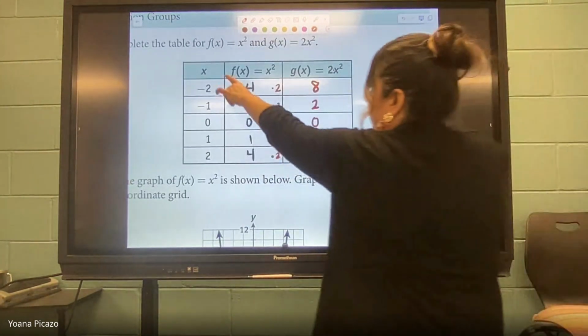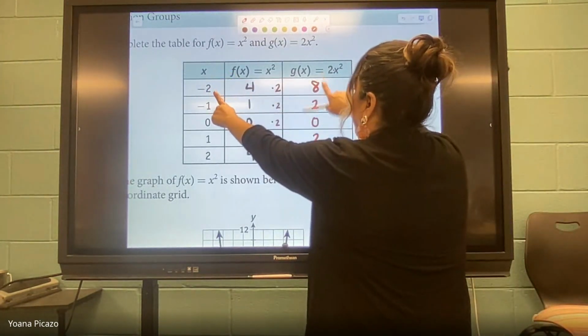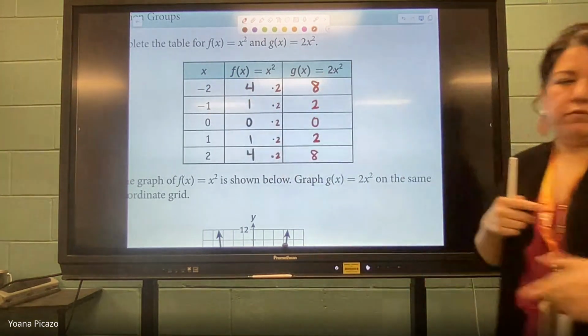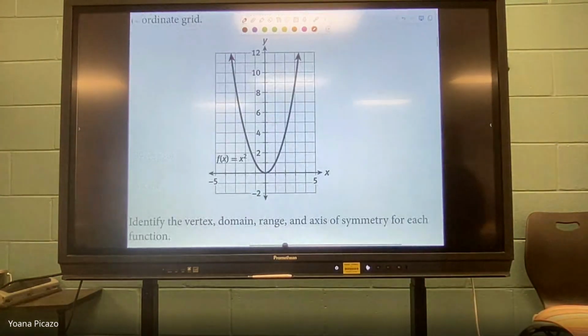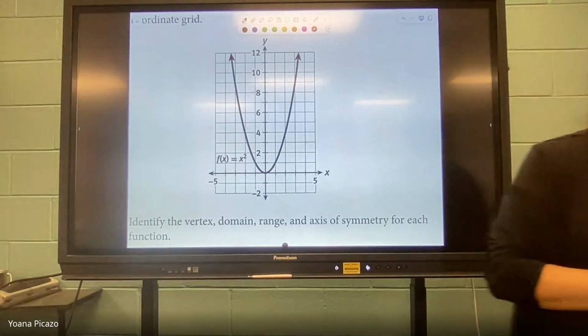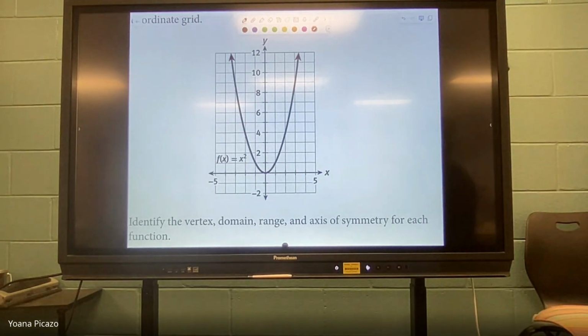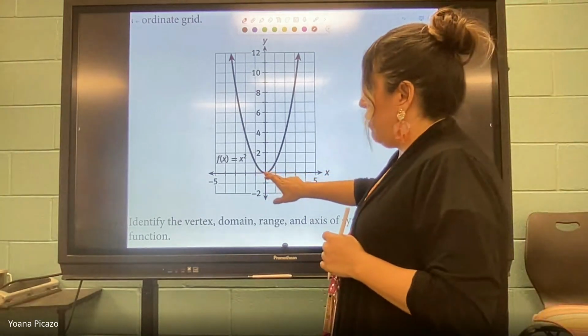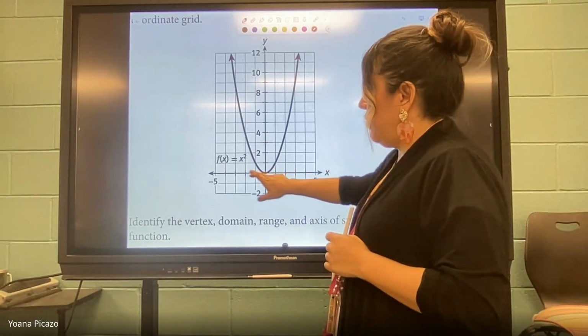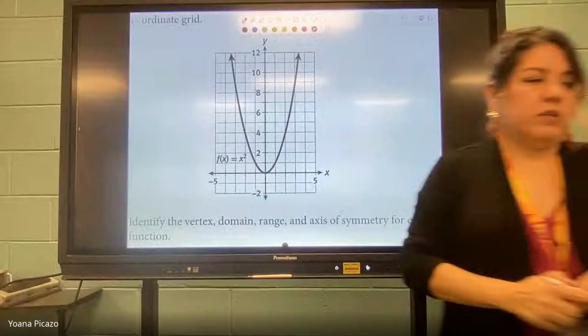The new ordered pair is -2 and 8. So how do I get to -2, 8 on this graph? From the origin, I go 2 to the left and up 8.